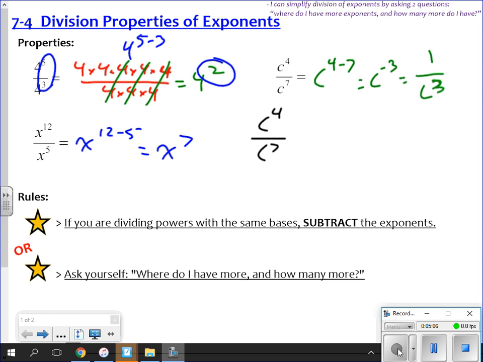Okay, so there's a trick to this that you can use. You can do what we did here, 4 minus 7, negative 3, and then put it in the denominator. That's okay. That works just fine.